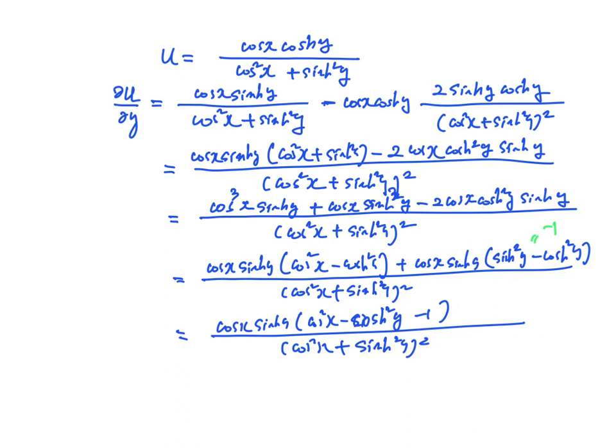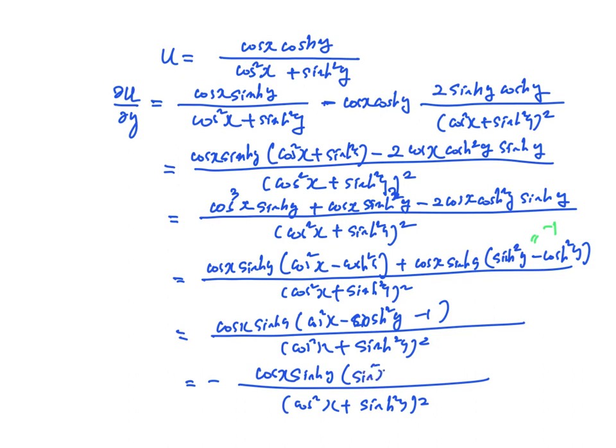So cosine square x minus 1 is minus sine square x, right? So it becomes minus cosine square x plus sine hyperbolic square y, cosine x sine hyperbolic square y, sine square x plus cosine hyperbolic square y.